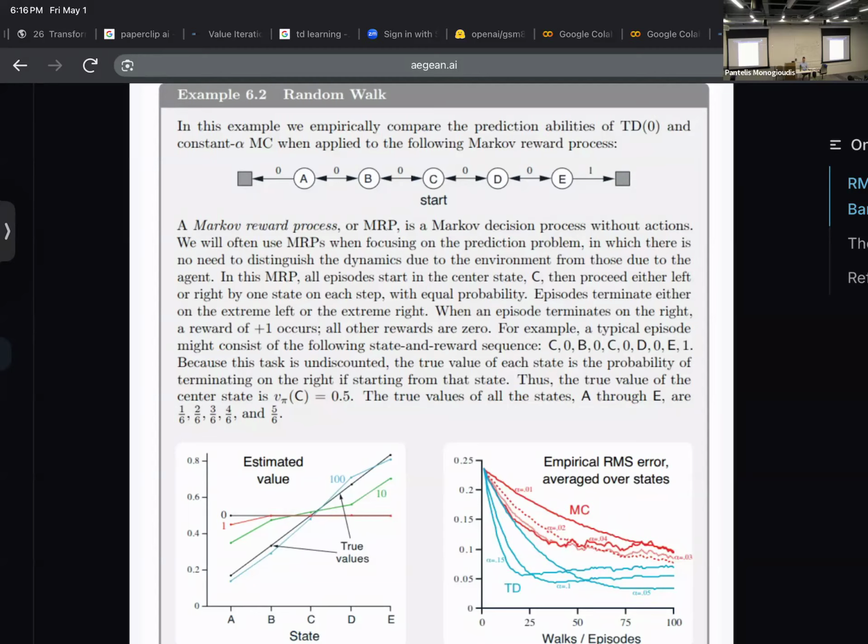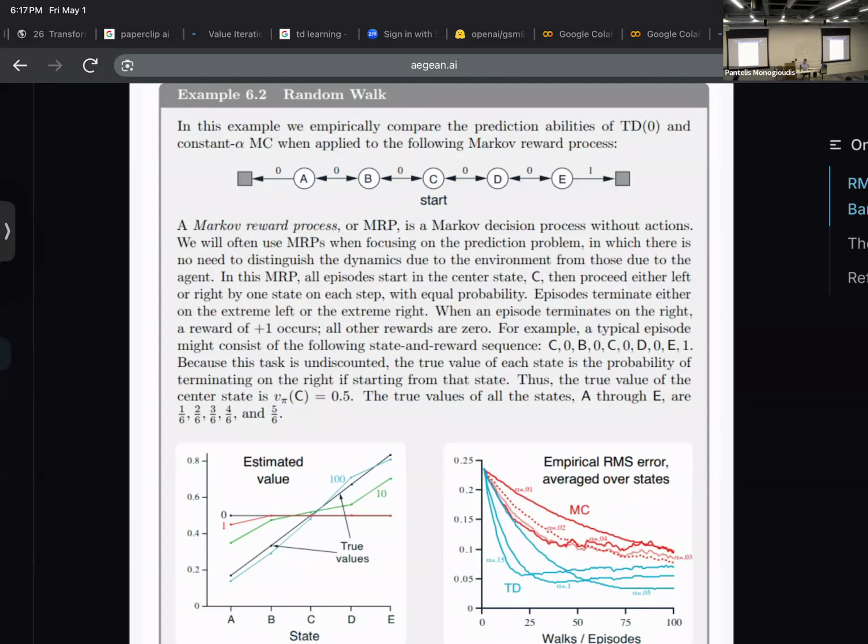All other rewards are 0. Here we have no explicit action. Whenever you are in a state, you have a probability of moving to adjacent states, automatically, until you terminate. So this is called a Markov reward process.